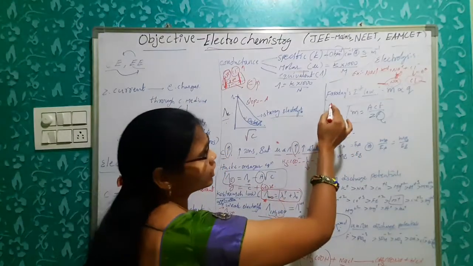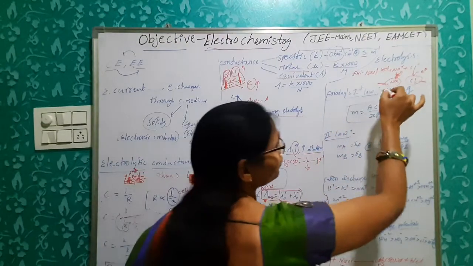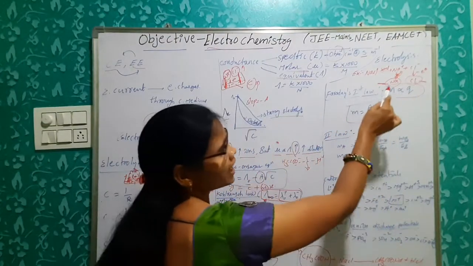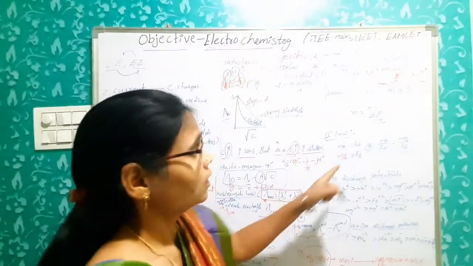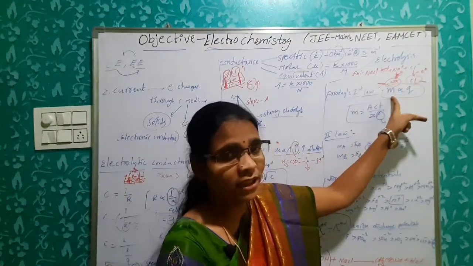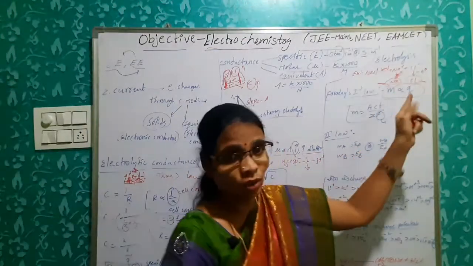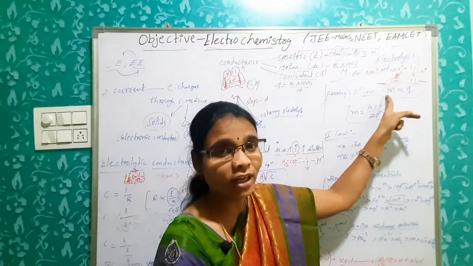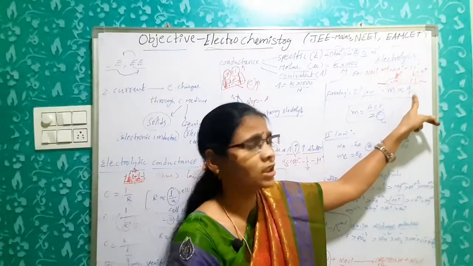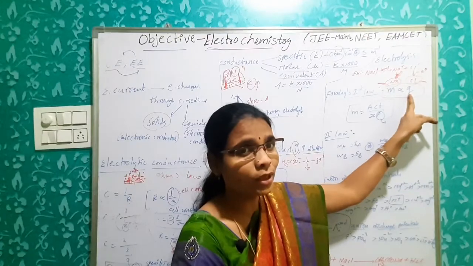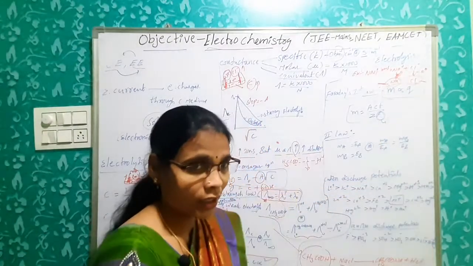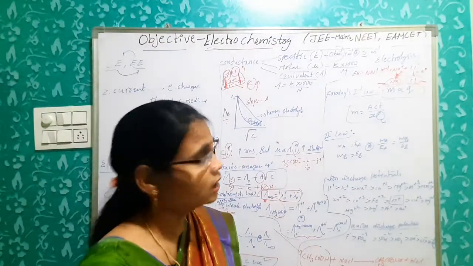According to Faraday's first law, the mass of substance deposited, liberated or dissolved at the respective electrode is directly proportional to the quantity of electricity passed through the electrolyte.